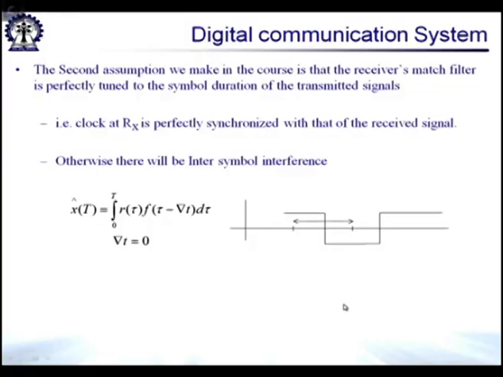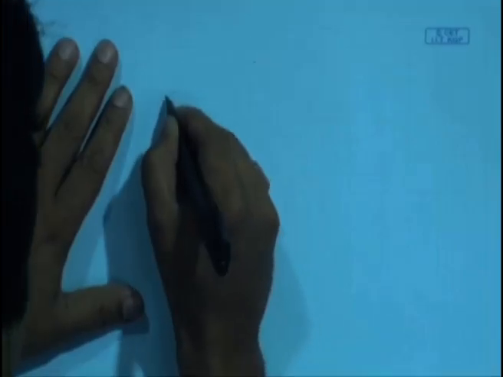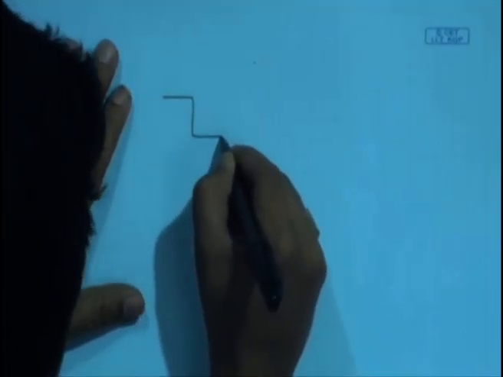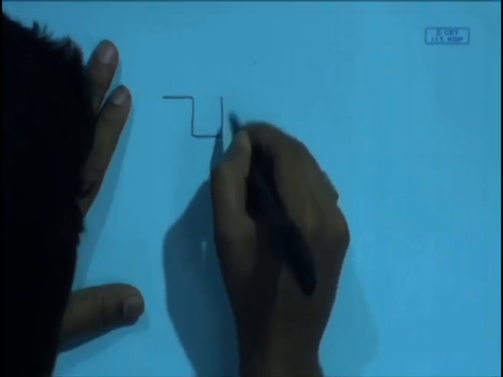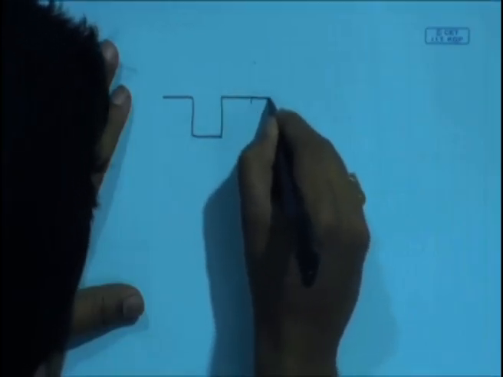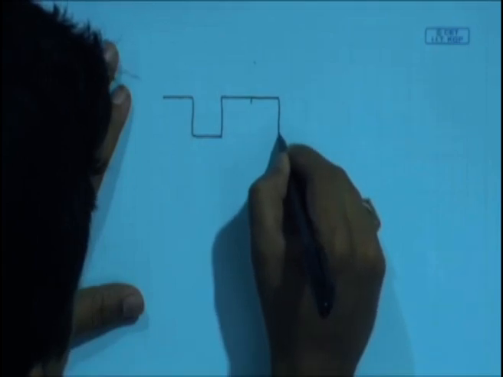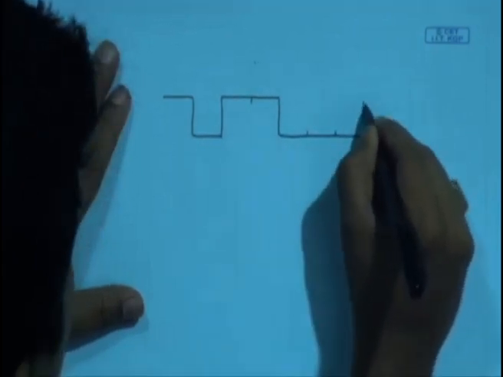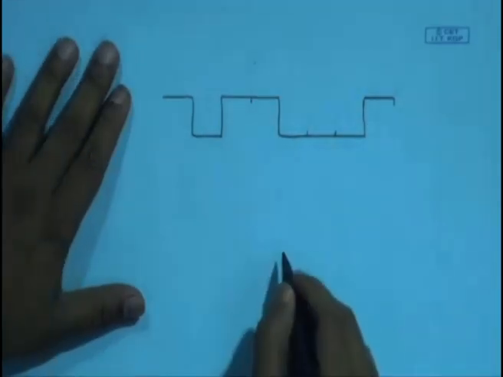Moving on further, the second assumption that we make is about the matched filter. That means there is perfect matched filtering at the receiver. In other words, if we consider the symbols in baseband to occupy a certain symbol duration, and so on.